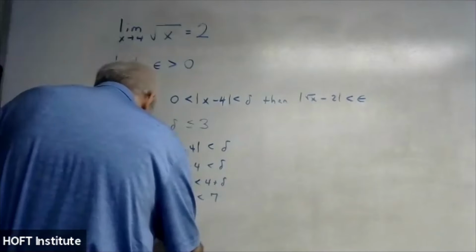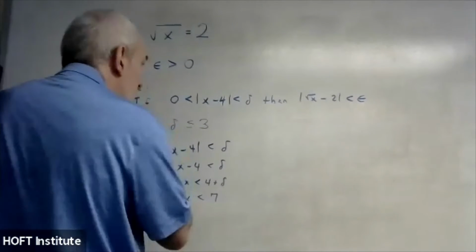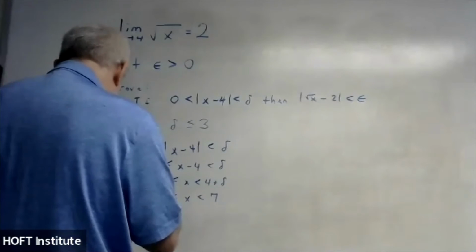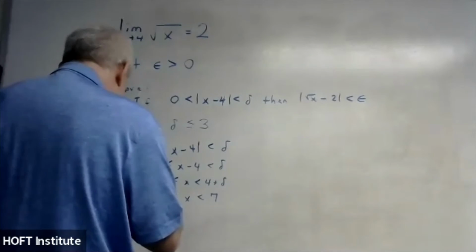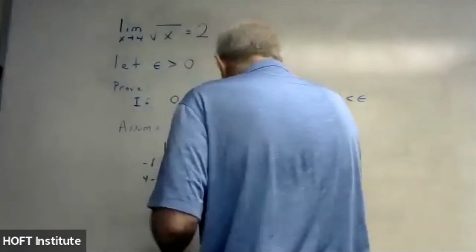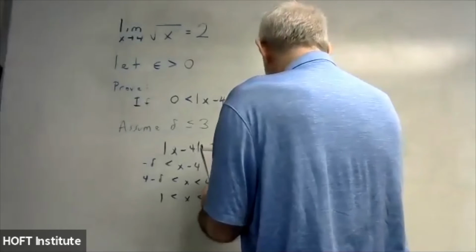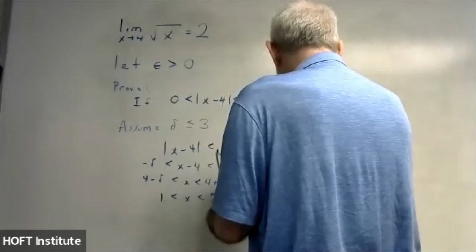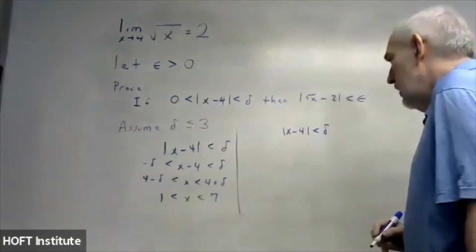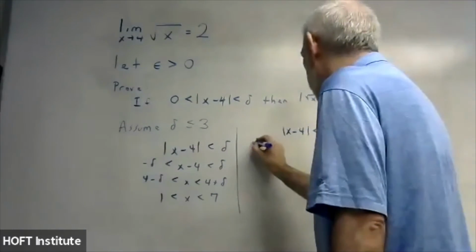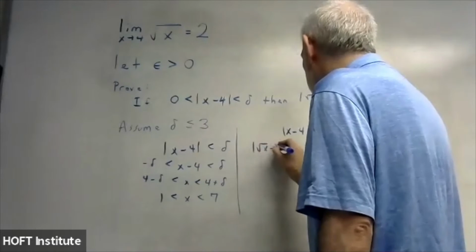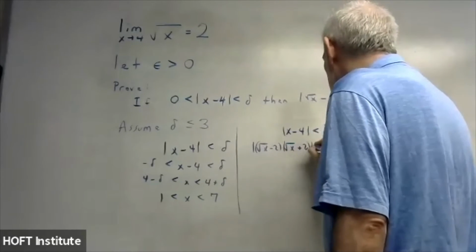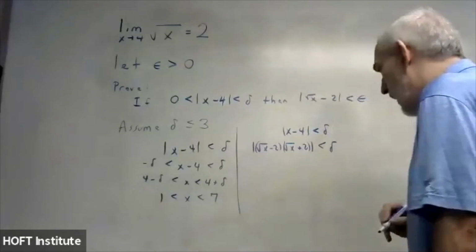Now if you think of the expression and factor it like we did before into square root of x minus 2 times square root of x plus 2, we'd have that.